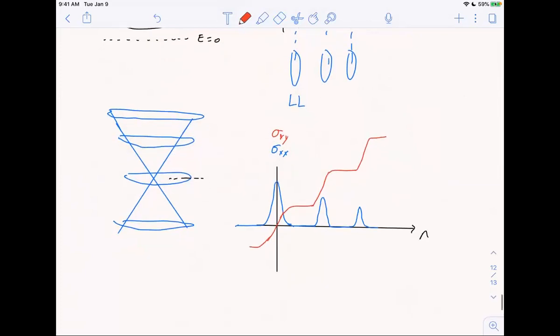So the key feature here is this. You have a half step, and here you have one step.